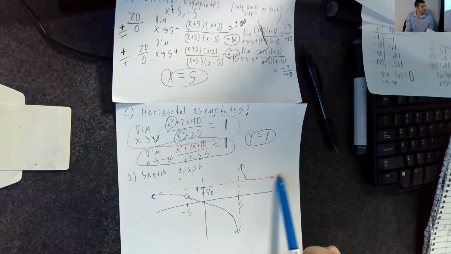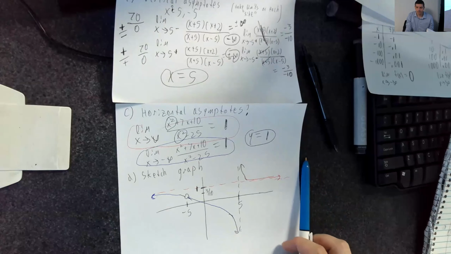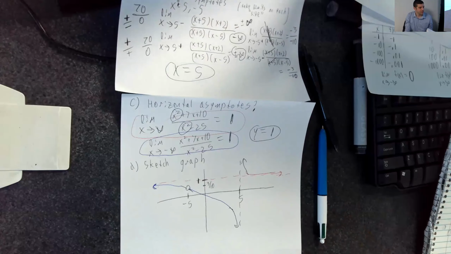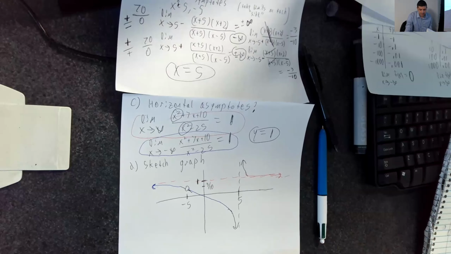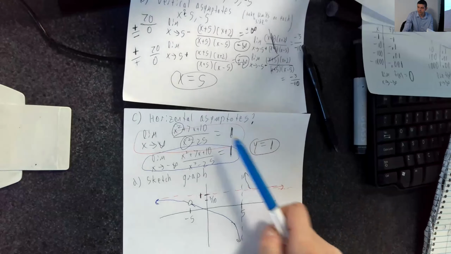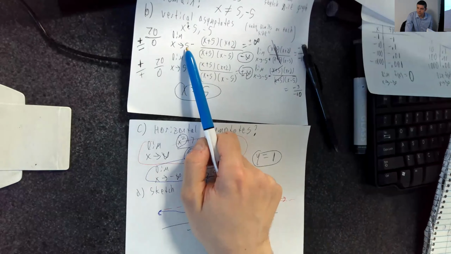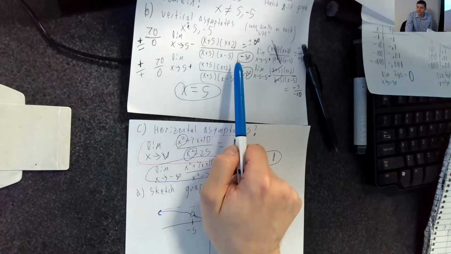Okay, questions on this? Yeah. I'm kind of confused about the limits and asymptotes. This one? Yeah, 5 from the left. Why was it negative infinity?